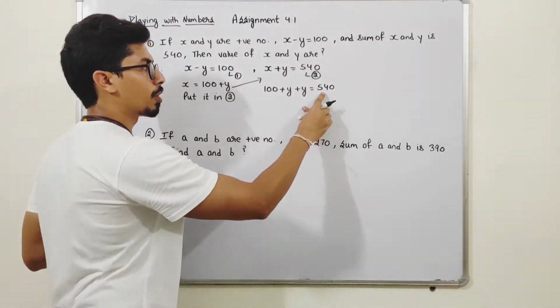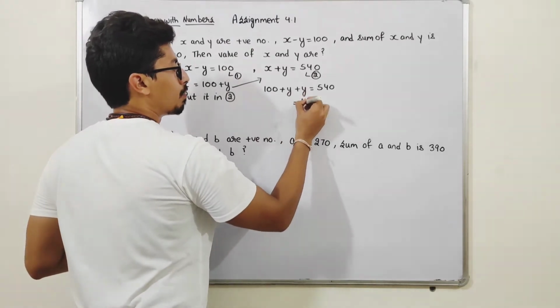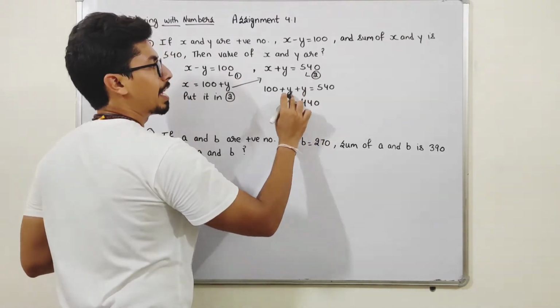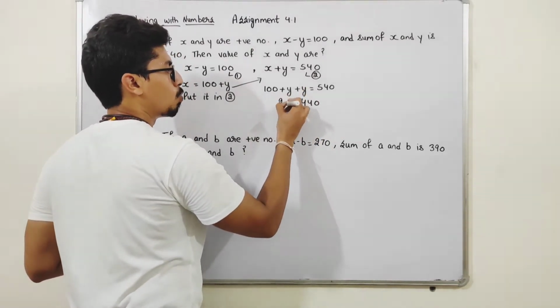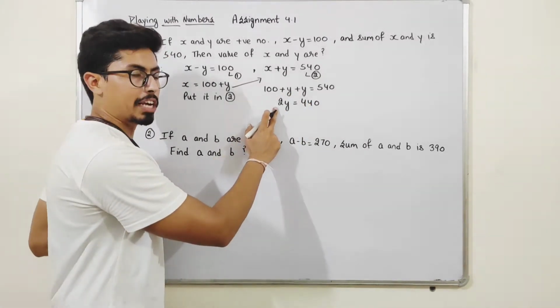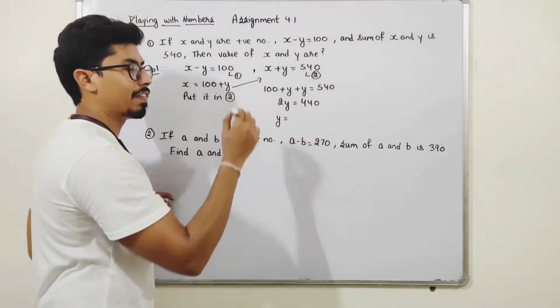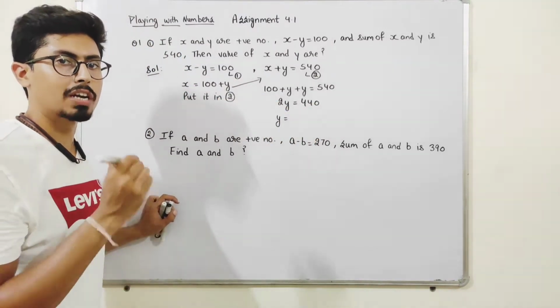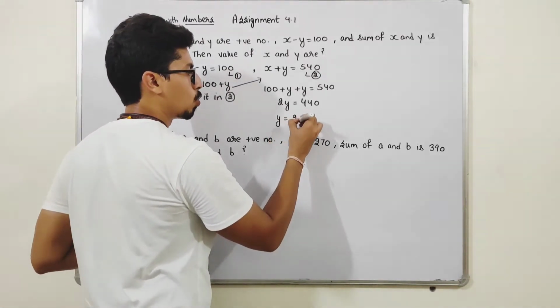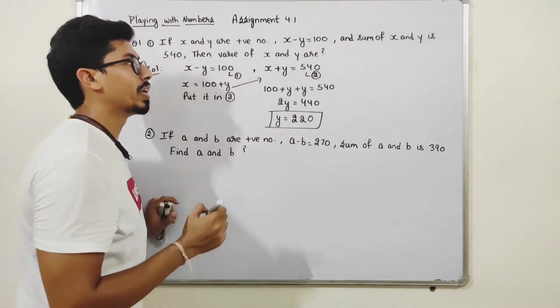That means 540 minus 100 will be 440, and y plus y will be 2y. 2 is in multiplication; when it goes there, it will be in division. So 440 divided by 2 is 220. So the value of y is 220.